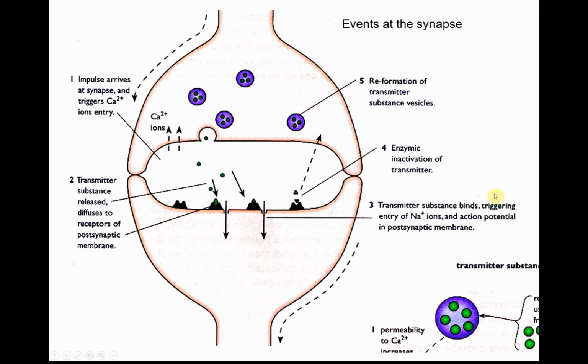Okay, now it says here that action potential will occur. A key thing that happens here is, like with the receptors, you get a generator potential. In other words, we get a depolarization, and it is called an excitatory postsynaptic potential, or an EPSP, excitatory postsynaptic potential.